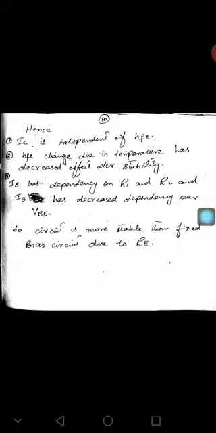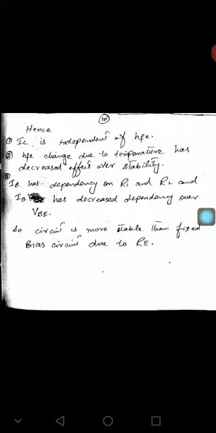A major problem in our amplifier circuits is temperature. As the circuit operates, its temperature increases, and its gain changes, and also its stability changes.